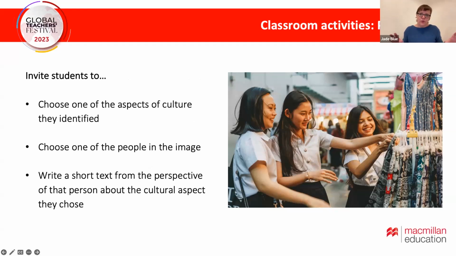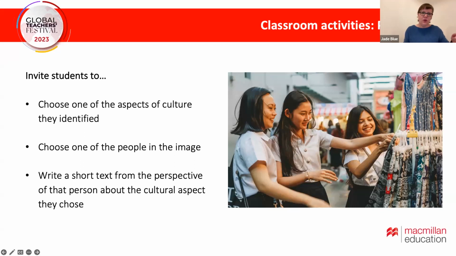Okay, so you don't have to answer these questions, but in class with students, what I would then do is invite them to choose one of the aspects of culture that they identified, so shopping habits, for example, and to choose one of the people in the image, and then either to write a short text or to make a short voice recording or a video from the perspective of that person about the cultural aspect that they chose.